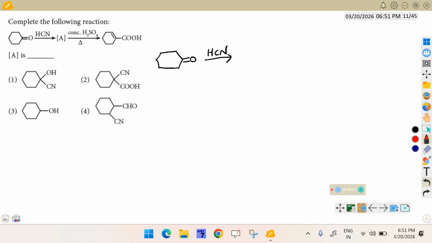Consider the following reaction. A carbonyl compound, a ketone, is given. The ketone reacts with HCN. This is a nucleophilic addition reaction. Carbonyl compounds participate in nucleophilic addition reactions: break the bond between carbon and oxygen.